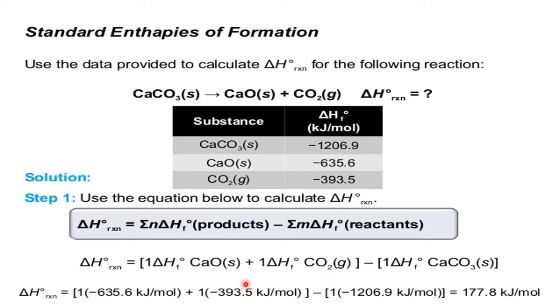After simplification, you will get 177.8 kilojoules per mole. It is a positive delta H. The enthalpy of reaction is positive, indicating it is an endothermic reaction; you have to supply heat because it is a decomposition. When it is a decomposition, you have to supply heat. So this is proved data-wise and example-wise.